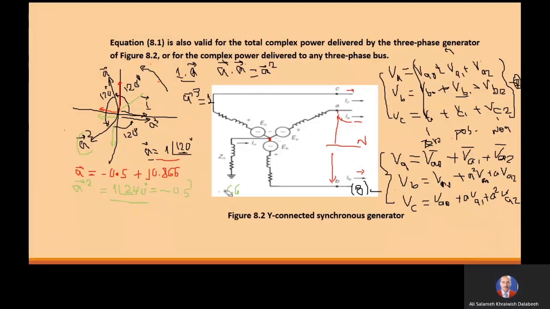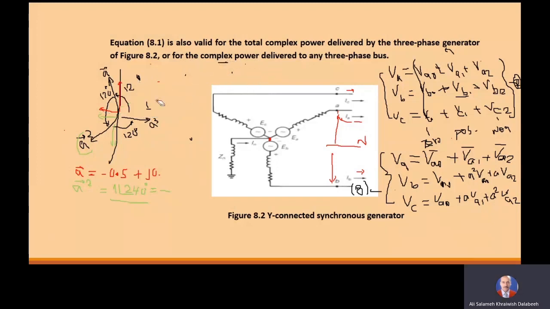So we can rewrite equation number 8 in the matrix form, as follows.